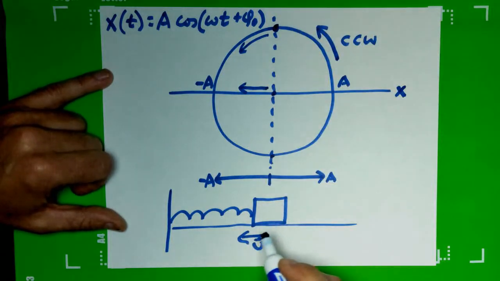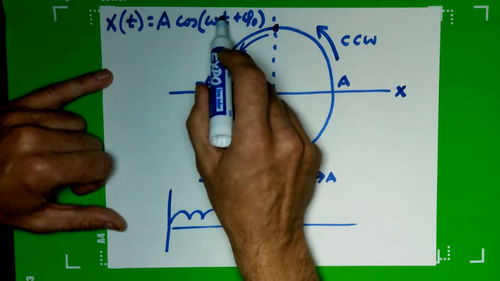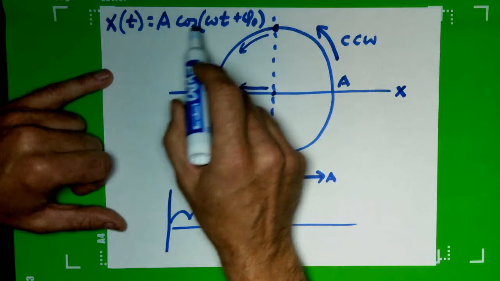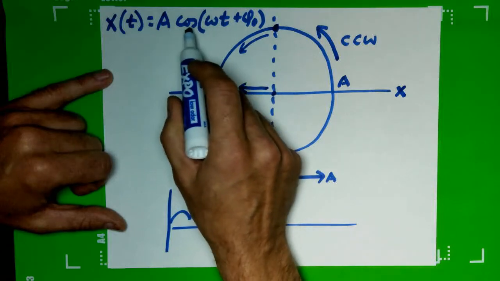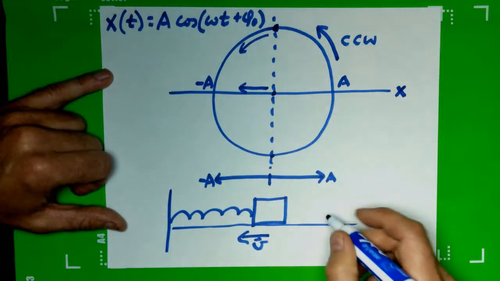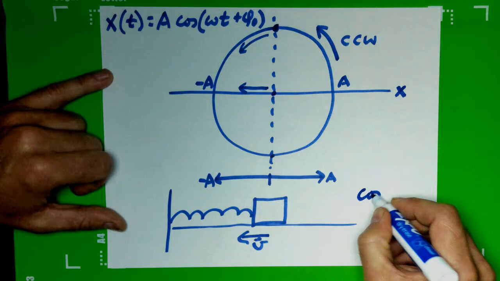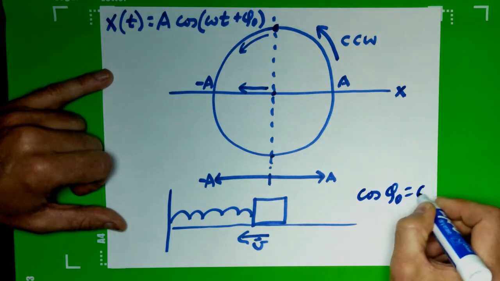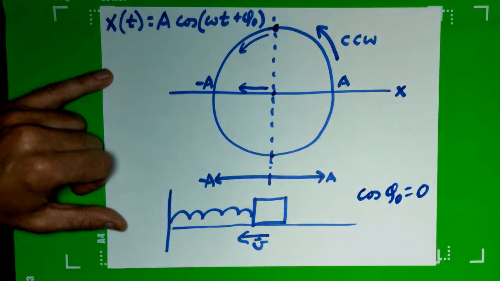Okay, now if that is at t equals 0, then this quantity right here is 0. Okay, this is 0, and so cosine of phi 0 must equal 0. So in this case, we have cosine of phi 0 equals 0. Okay.